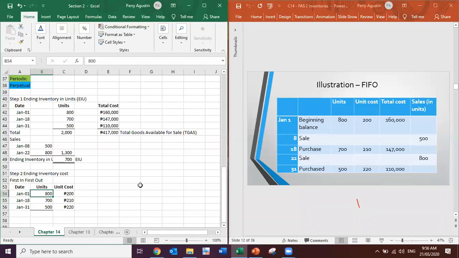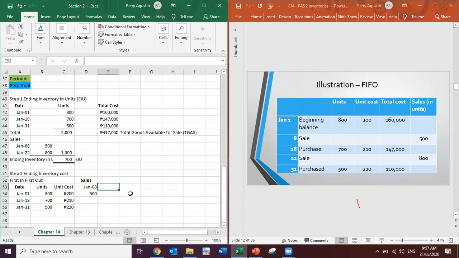So remember we have sales. When is the first sale? The first sale happens in January 8. So how many units is the sales in January 8? So the answer there is 500 units.